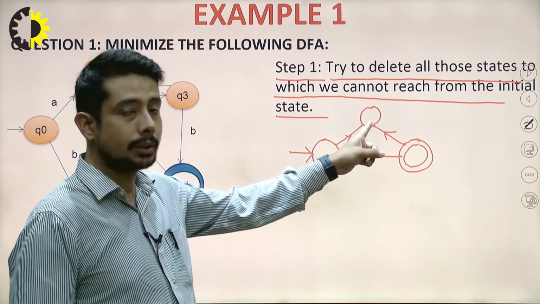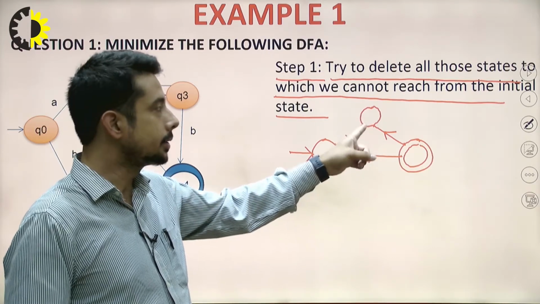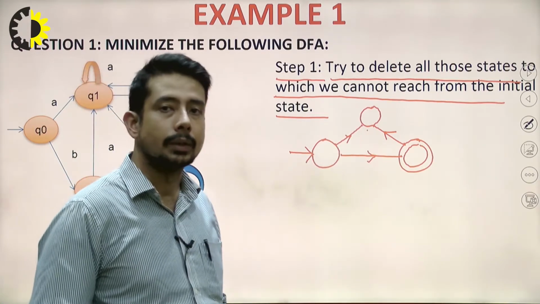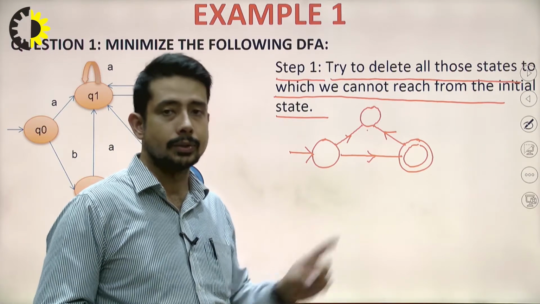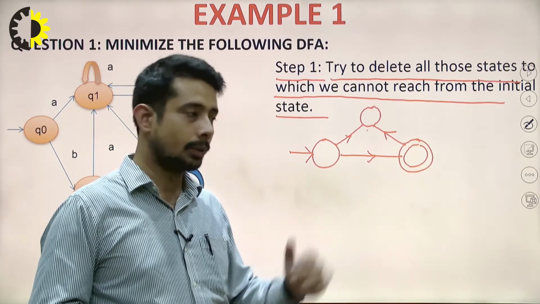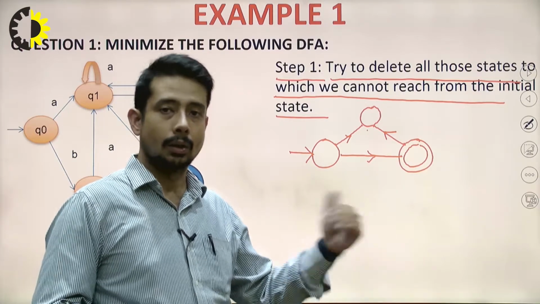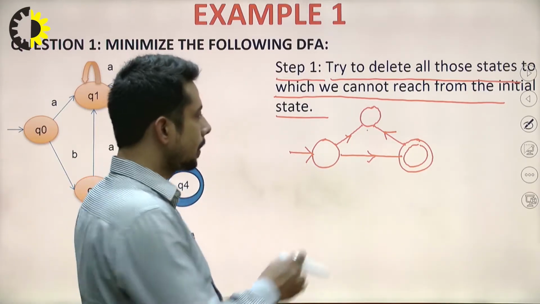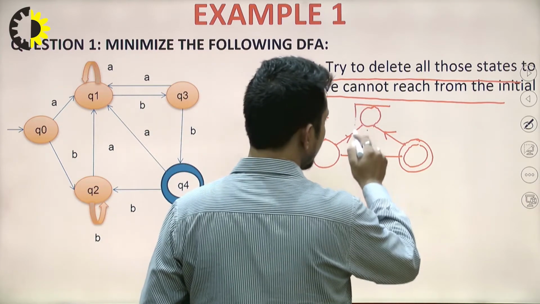No, there is no such utilization. This state might have been used in order to fulfill the requirement of DFA. What DFA says is that for every input, there should be exactly one transition going from one state to another state or to itself. Not more than one, not less than one. So maybe for that scenario, this might have been taken.